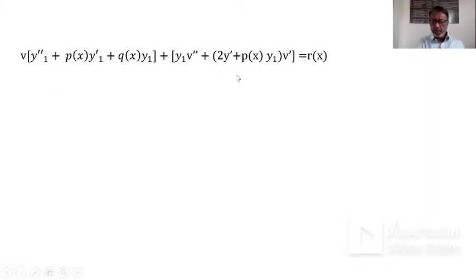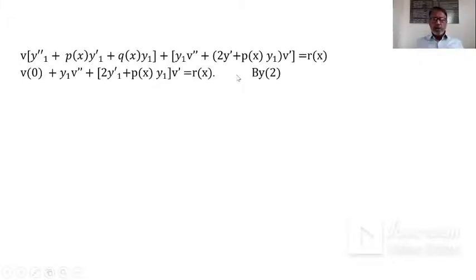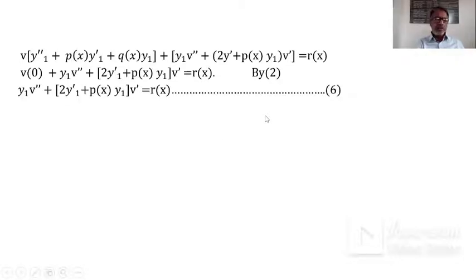Then we obtain only y1 v'' + (2 y1' + p(x) y1) v' = r(x). Here it is y1, not y, and here y1'.